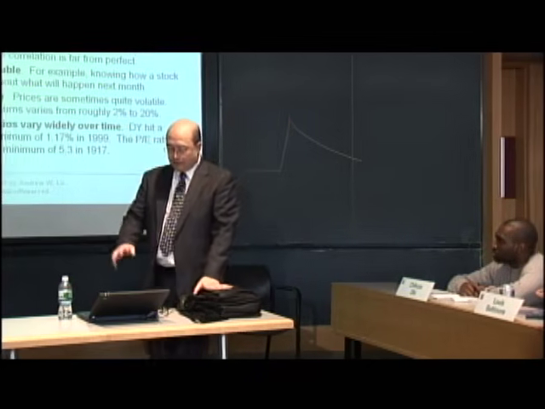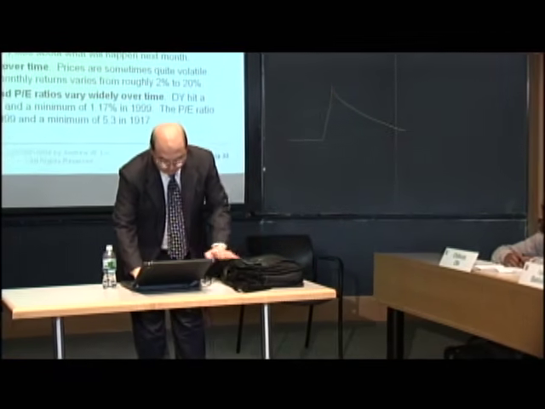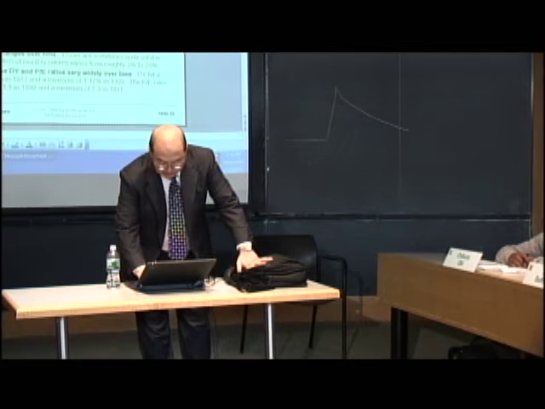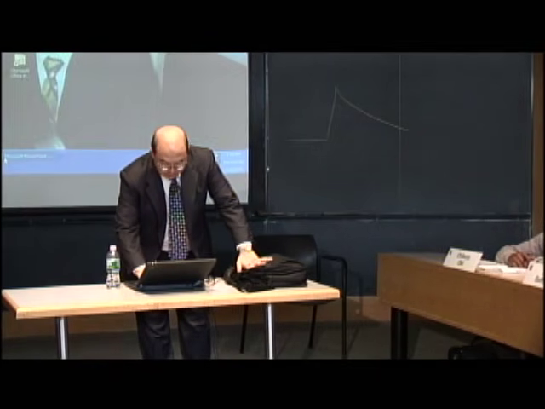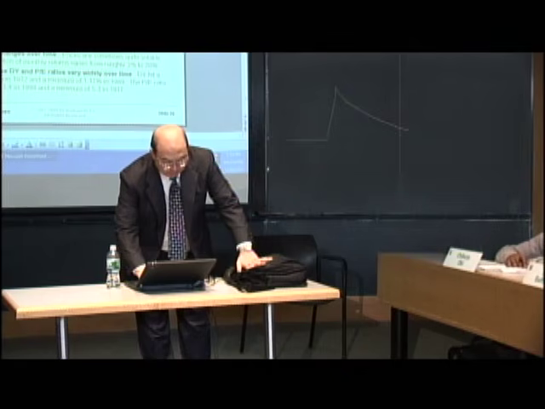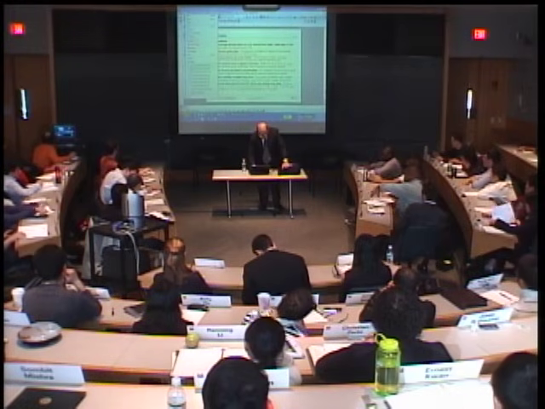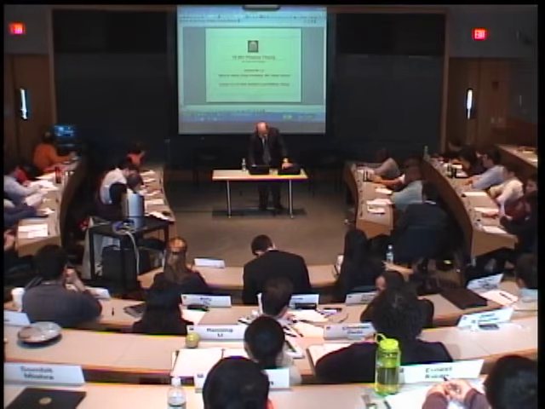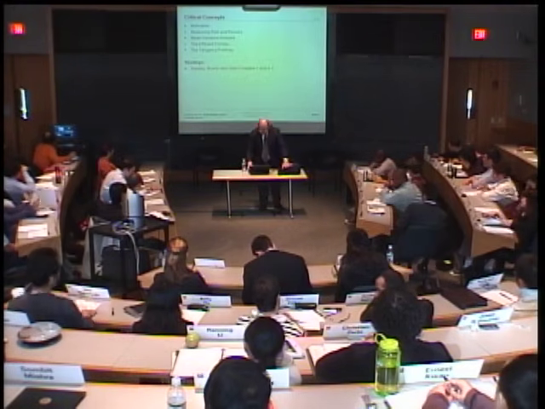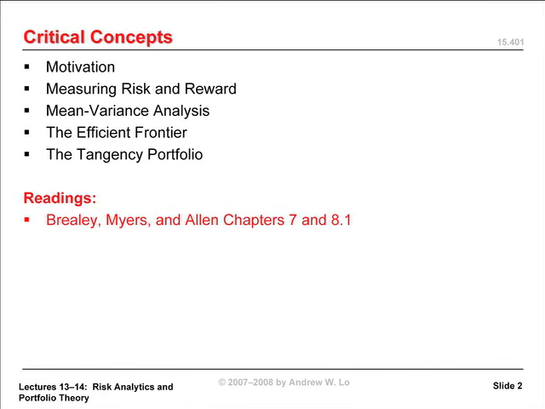So to do that, I'm going to turn now to lectures 13 and 14 and focus on how to measure risk and return in a more systematic way, and then incorporate that into portfolios. So we're going to talk a bit about motivating the idea behind portfolio analysis, and then use some of the theoretical concepts that we introduced last time, like mean, variance, and covariances, and use them to piece together a good portfolio.